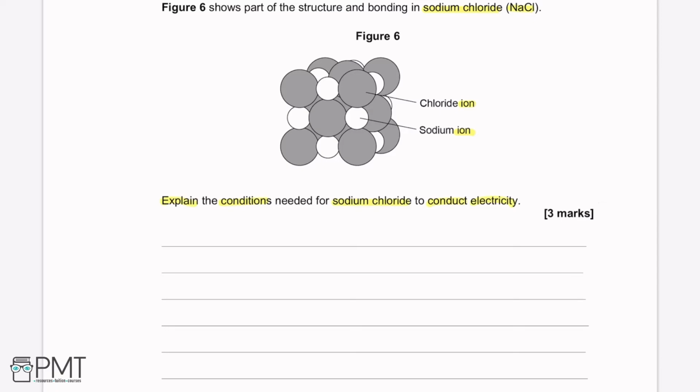So, first of all, let's think about sodium chloride. Now, the fact that figure 6 has told us that it's made of chloride and sodium ions tells us that sodium chloride is made of lots of ionic bonds. So it's got ionic bonding. And in fact, it is a giant ionic lattice.